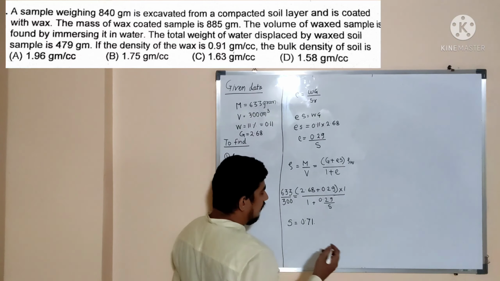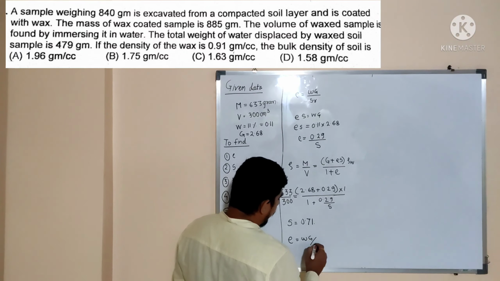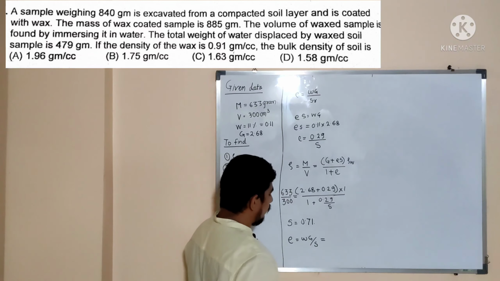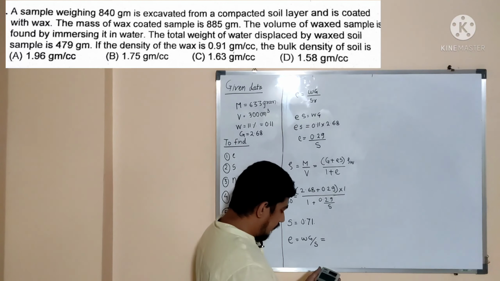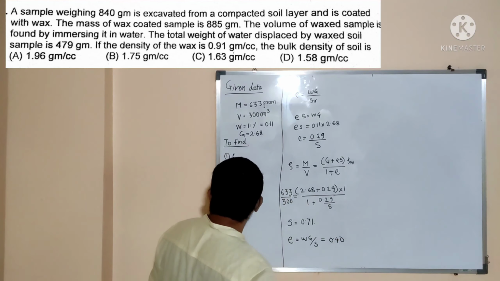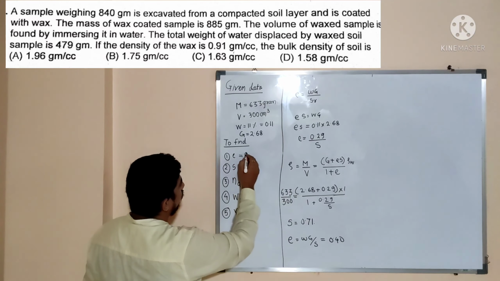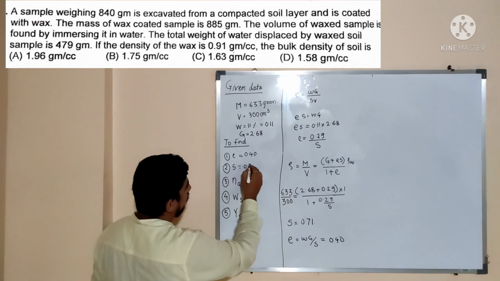Now we can easily find e equal to wG by S_r, so 0.29 divided by 0.71, that is the void ratio, 0.40. So we got e as 0.40 and degree of saturation 0.71.